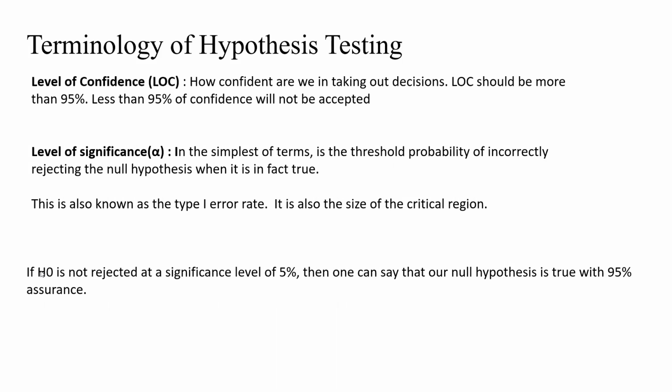In any general result of a hypothesis testing, say you have a null hypothesis H0, if it is not rejected at a significance level alpha of 5%, that means we say that I am pretty sure that my null hypothesis is true with a confidence of 95%. So this is how level of confidence and level of significance work together, and what they mean in the output of a hypothesis testing.